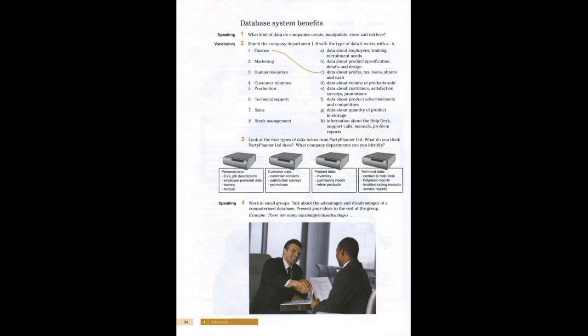Here we have examples. Match the company department from 1 to 8 with the types of data it works with, A to H. Here in the first column we have types of companies. Like for example finance, a financial company. Marketing. Human resources. Customer relations.